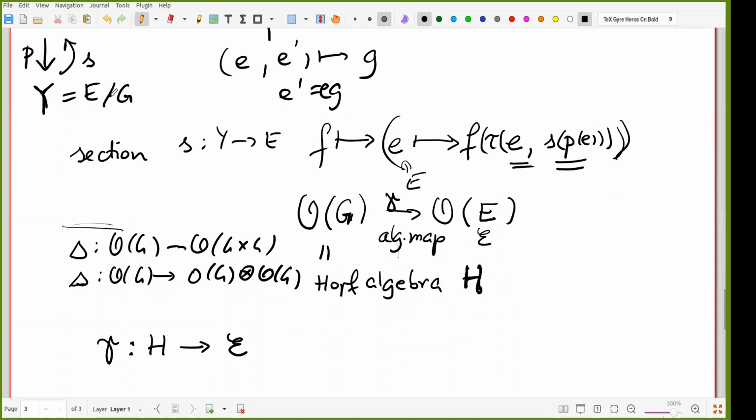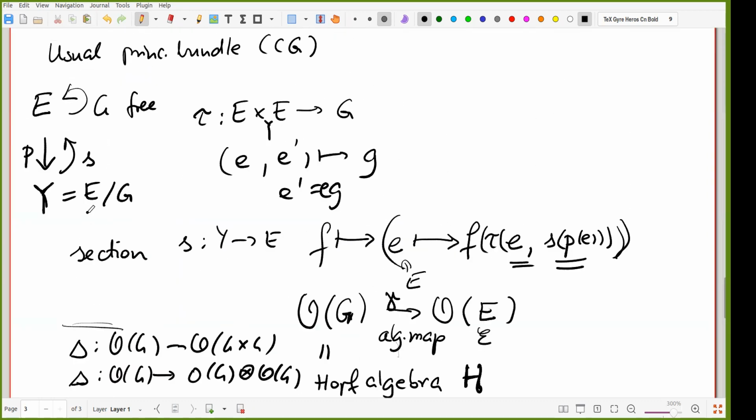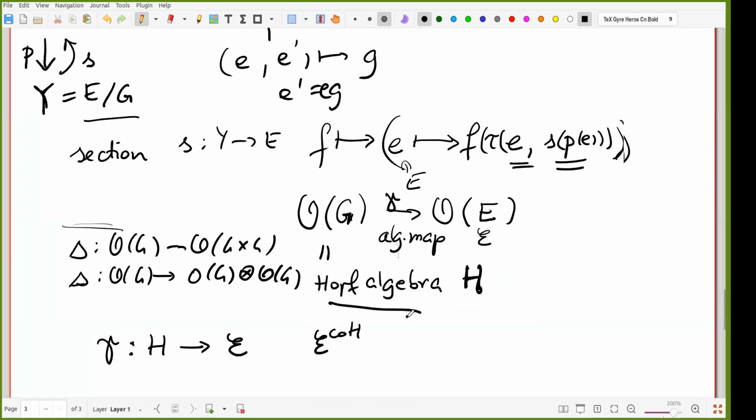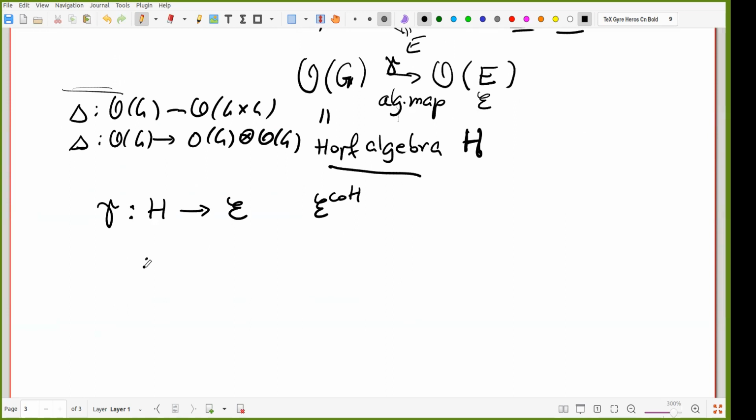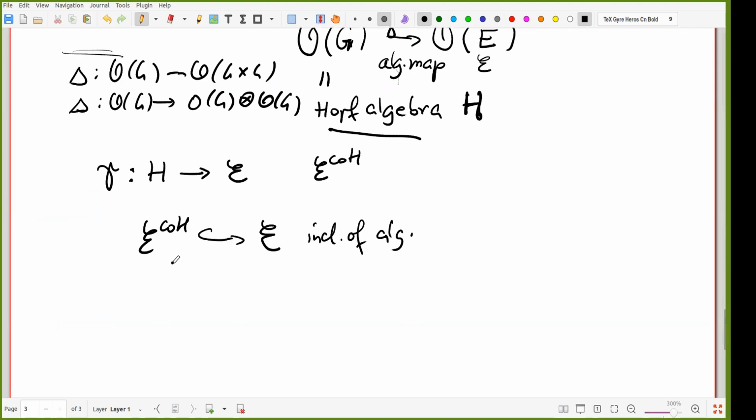In dual language, they are co-invariant functions for this Hopf algebra. I will not go into technicalities. So from the action, you can get the quotient. Similarly here, you could get a quotient, and then the inclusion of E co H into E will be an inclusion of algebras, and because it's an algebra map, it is a triple.